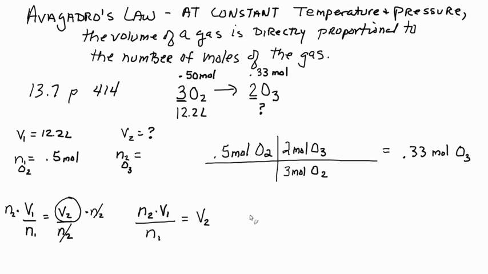N2 is 0.33 because we just calculated that. So 0.33 moles of O3 times V1, which is 12.2 liters, and that's actually O2, and then divided by N1, which is a half a mole of O2.